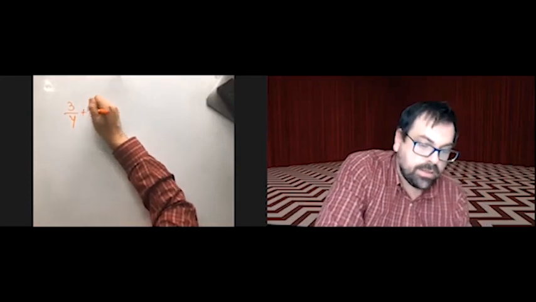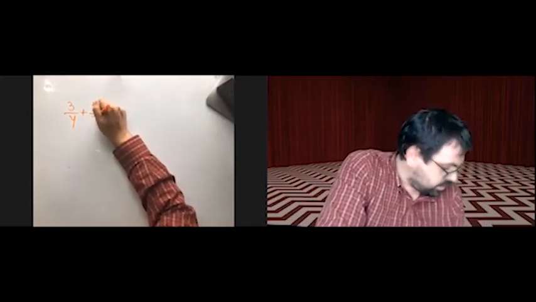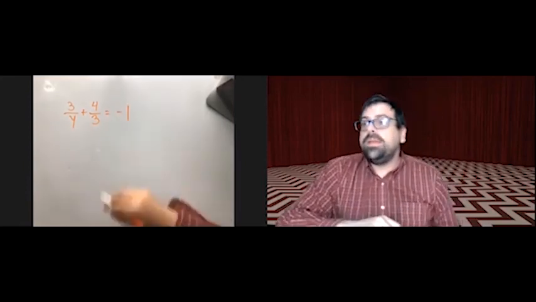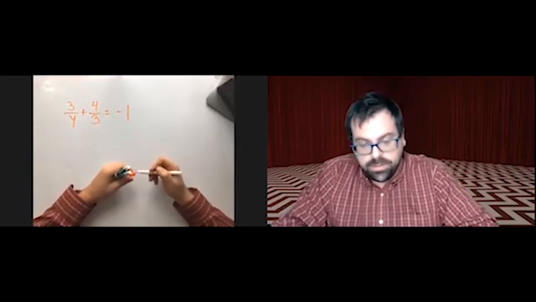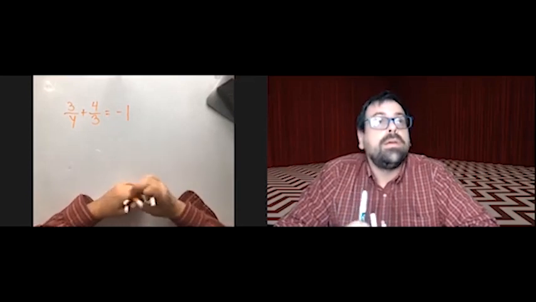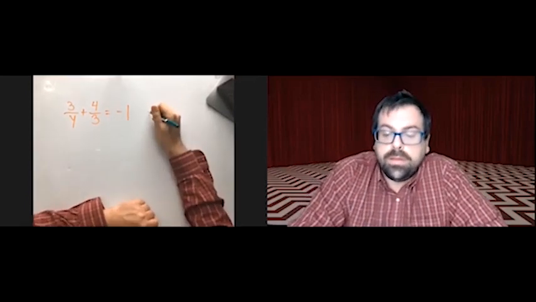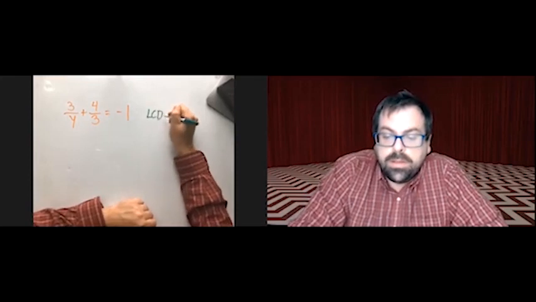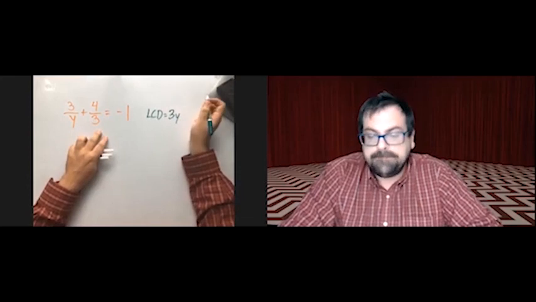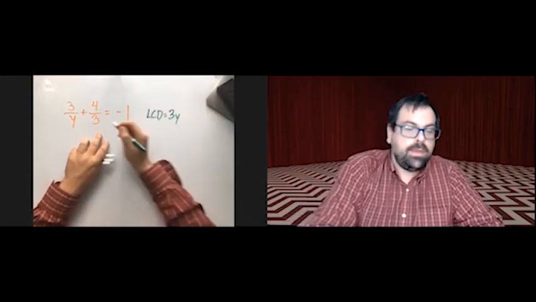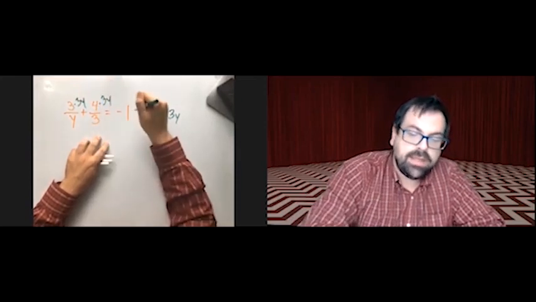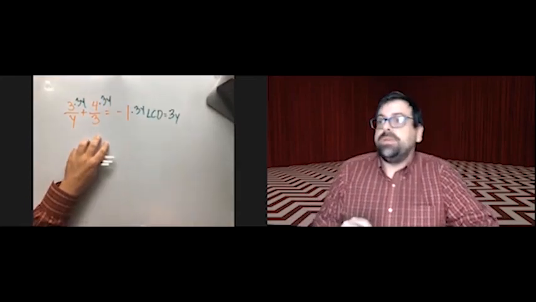Three over y plus 4/3 equals -1. The LCD of everything, we need the y, we need the 3, so 3y. 3 times 3y, 4 times 3y, -1 times 3y.